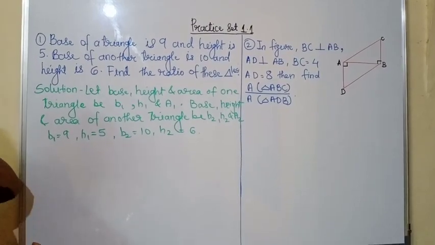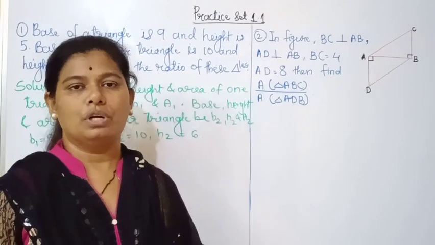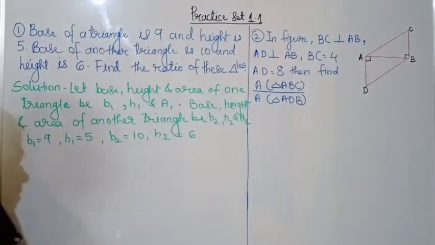What is the ratio? As all of you know, the ratio of areas of two triangles is proportional to the product of their corresponding bases and heights.